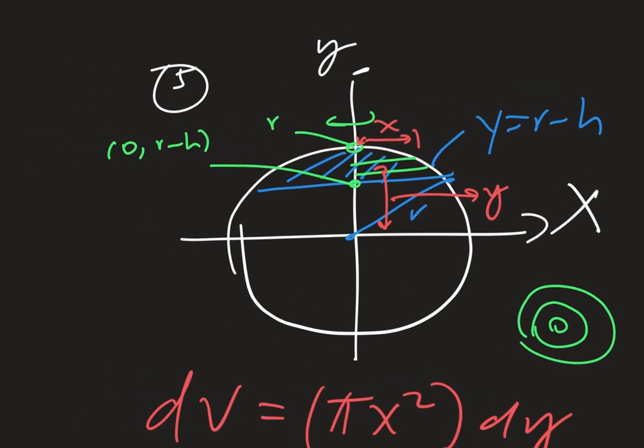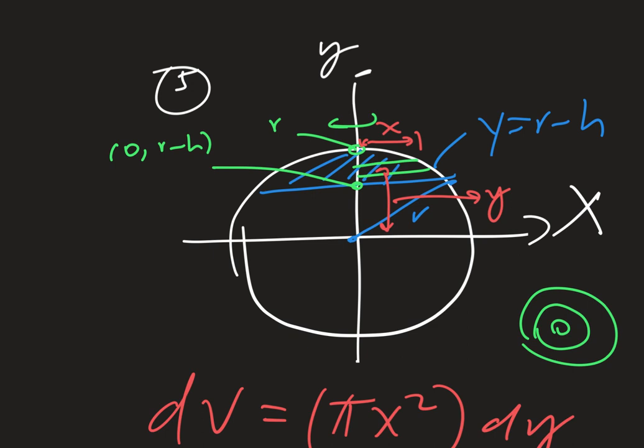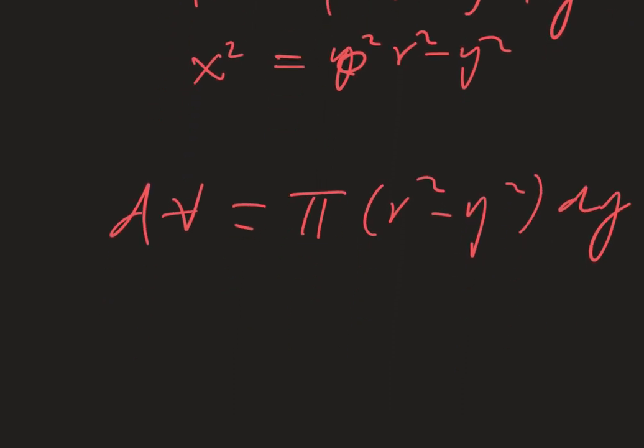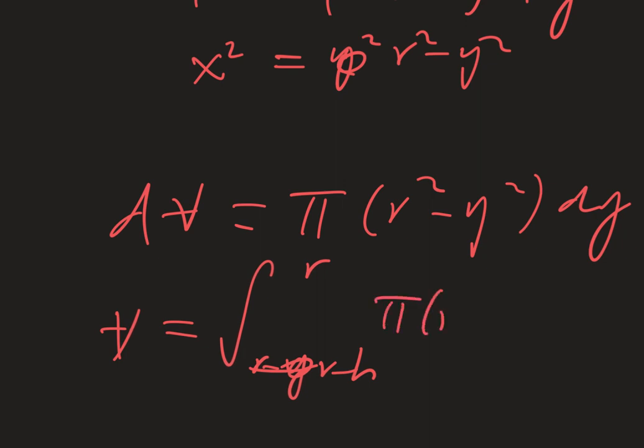And we also know that from here, y ranges from r minus h to r. So the volume, you can easily manipulate, is something like that.